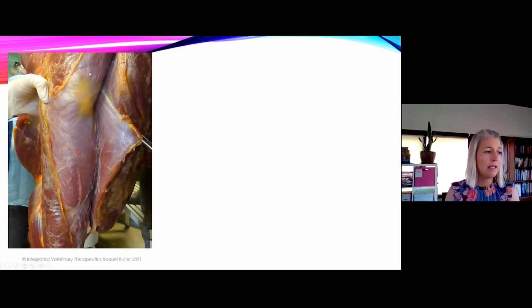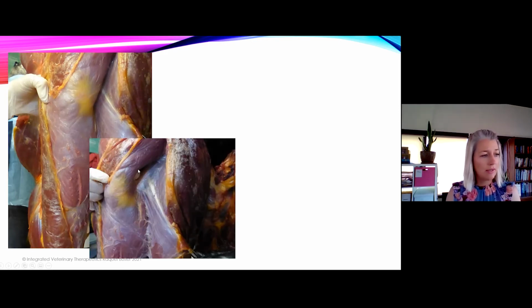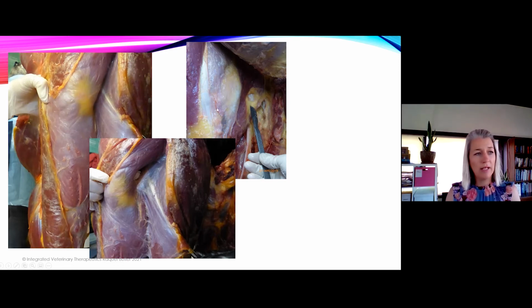We're looking at the semitendinosus here, and here you can see the depth of that. And here we've got a lot of scarring, also over the hip, the back of the hip joint. This is the sciatic ligament.